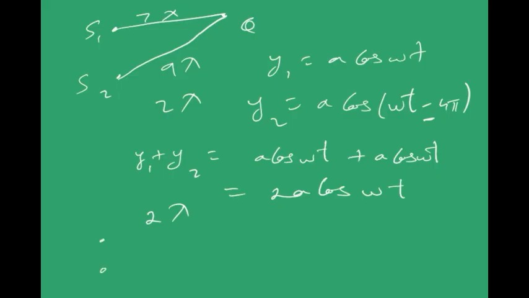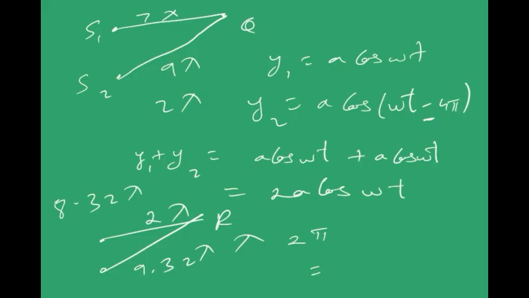Take another case, where say S1R is 8.32 lambda and S2R is 9.32 lambda. Even here the path difference is lambda, right? So it will correspond to a phase angle of 2 pi. So even here you are going to get the resultant wave as 2A cos omega t, and hence constructive interference in both these cases also. What can I conclude?